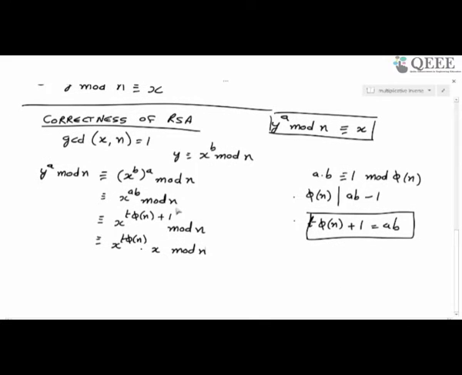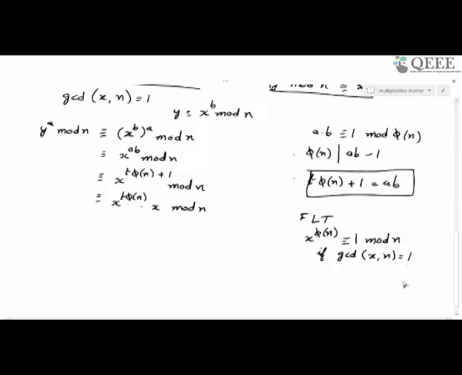Now let us look at our famous Fermat's little theorem again, which states that x to the power of phi of n is congruent to 1 mod n if GCD of x and n is equal to 1, that is x and n are coprime.